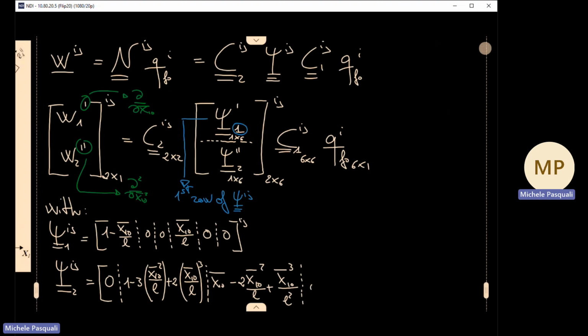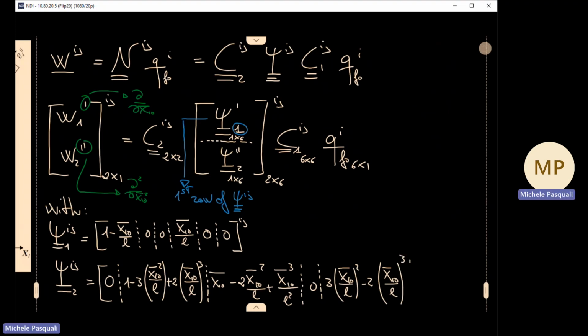Then we have a 0. Then we have a 3 applied over x1, 0 over L squared minus 2 x1, 0 over L to the third.